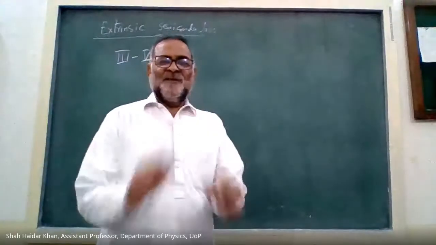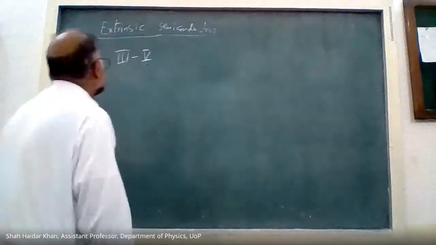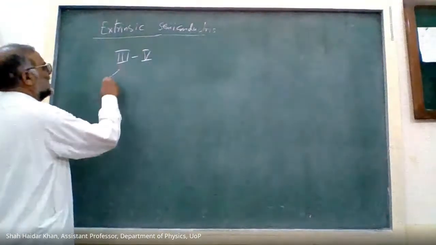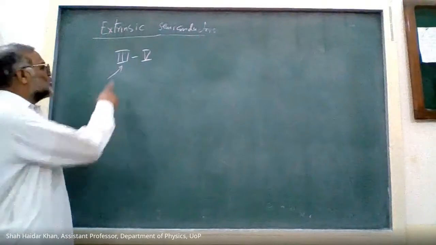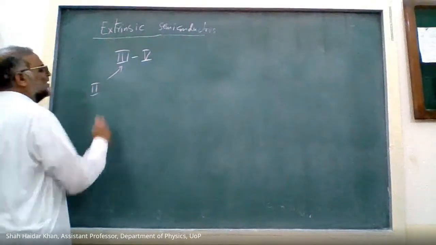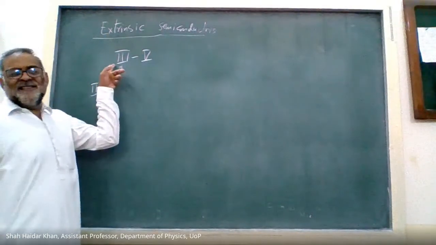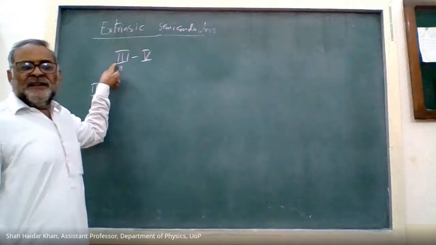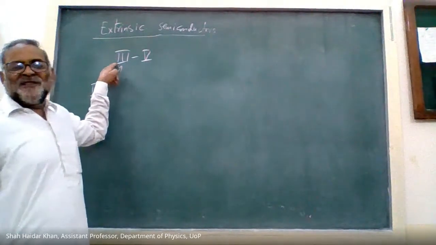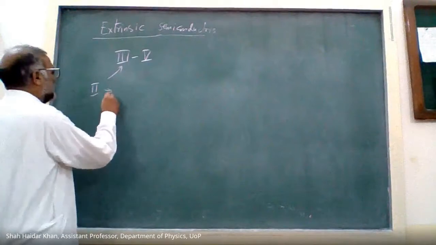In this situation, if you put a group 2 element and it replaces a group 3 element, then it will be an acceptor impurity, right?